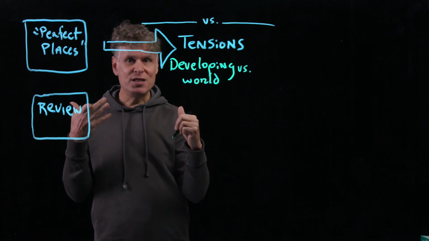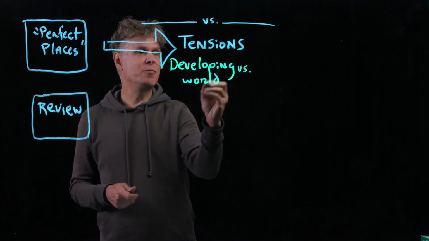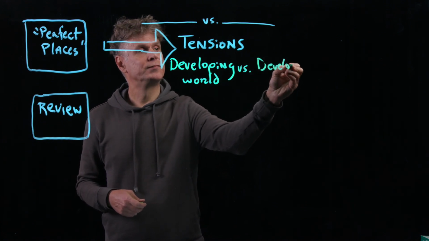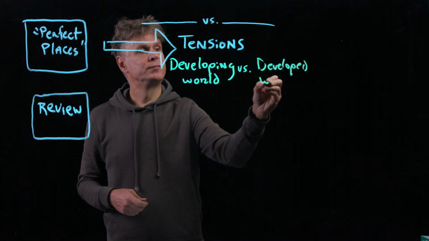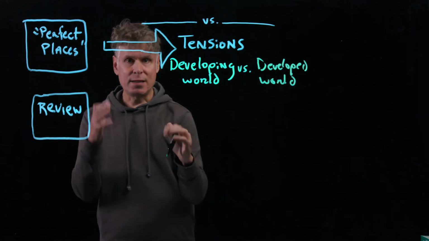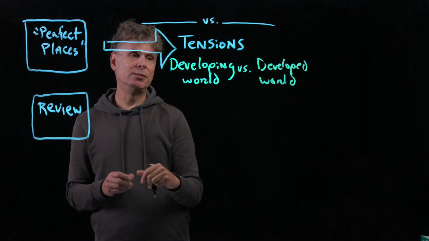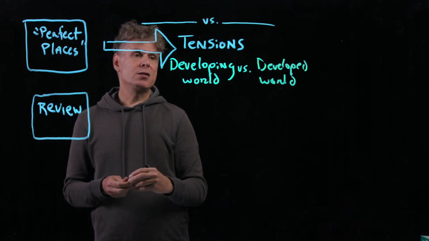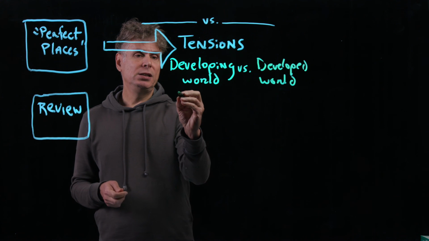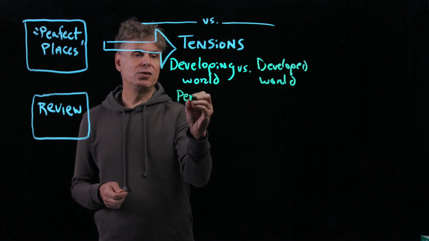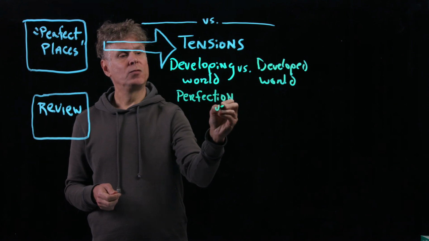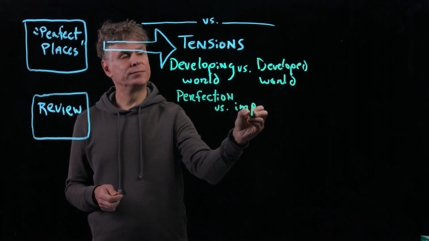So it looks like she's in Vietnam. So developing world versus developed world. This is a tension that I sort of kept in mind the entire time. Another tension might be perfection versus imperfection.